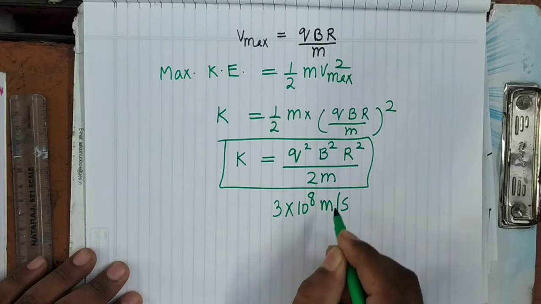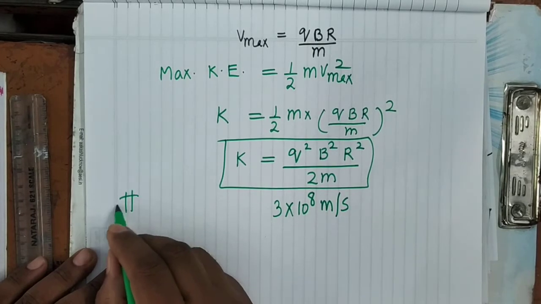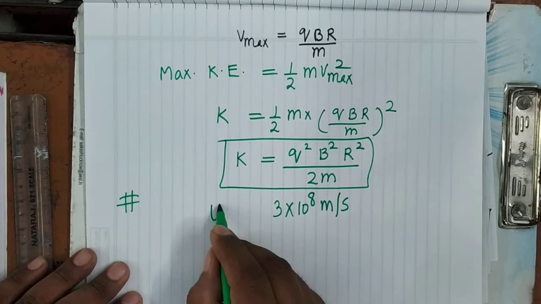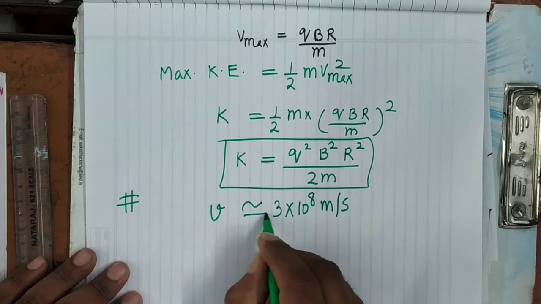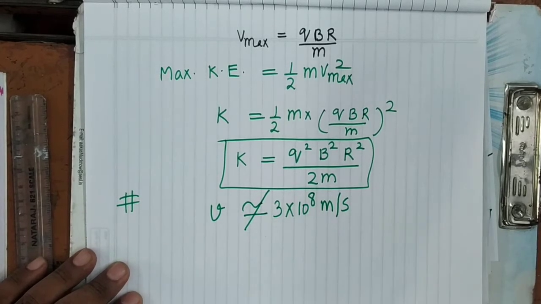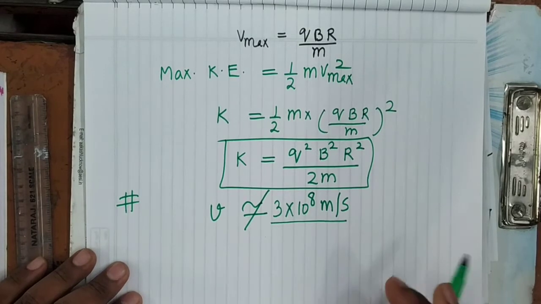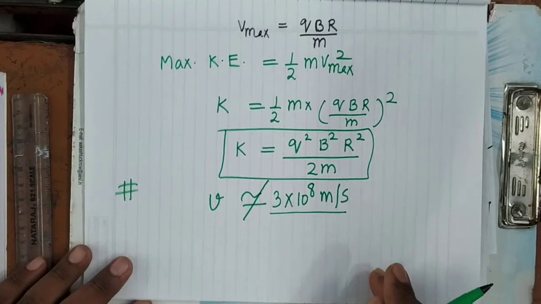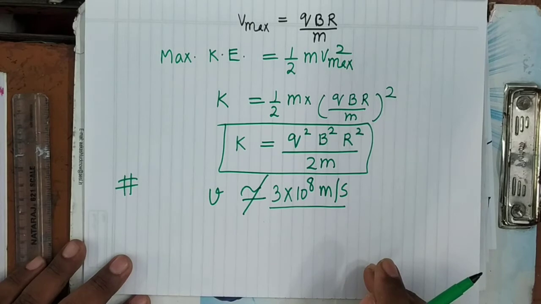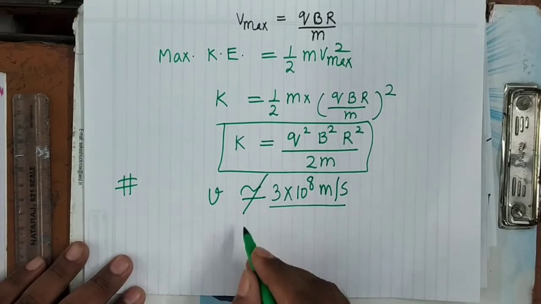Velocities acquired by the charged particle cannot be of this order, because when the velocity of the particle becomes of this order, its mass will not remain constant. It will start increasing.